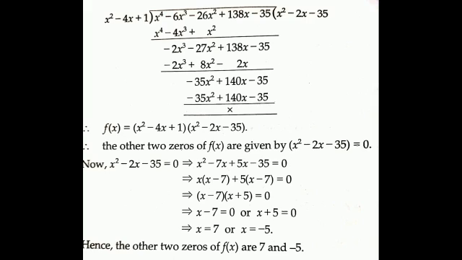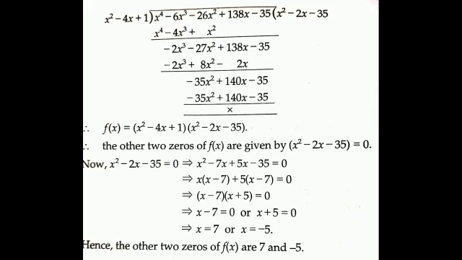For other factors, we will have to find the factors of x square minus 2x minus 35. And since it is quadratic, how many zeros will we get? 2 zeros. So the other 2 zeros of f(x) are given by x square minus 2x minus 35 is equal to 0. Using the middle term splitting method, this x square minus 2x minus 35 can be written as x square minus 7x plus 5x minus 35.